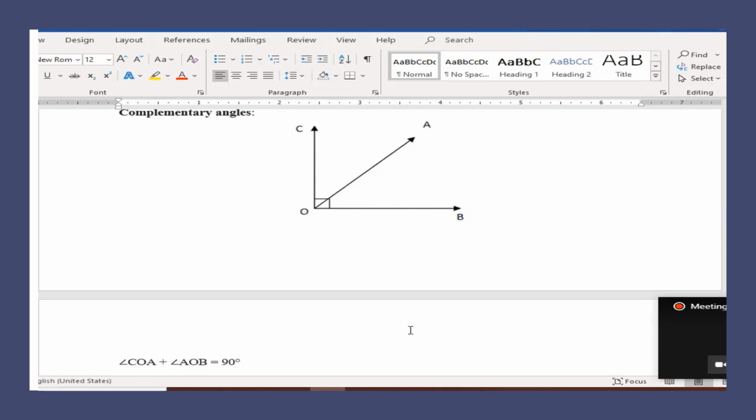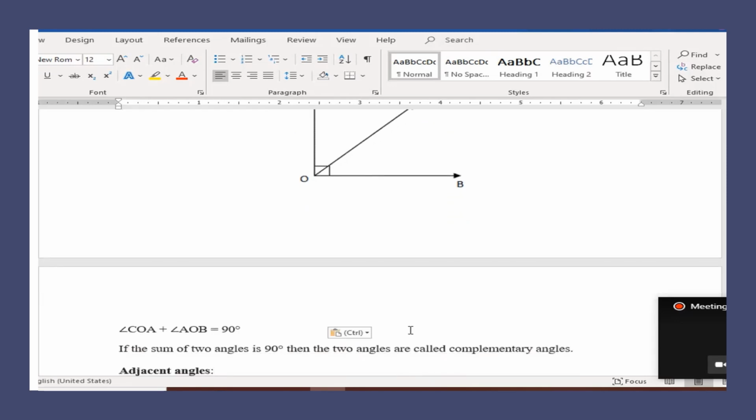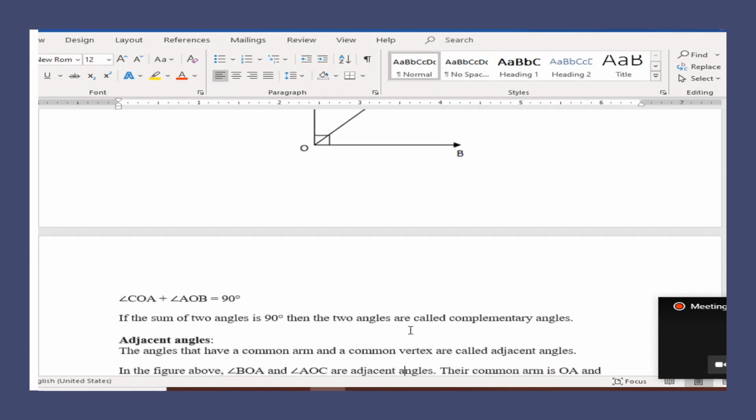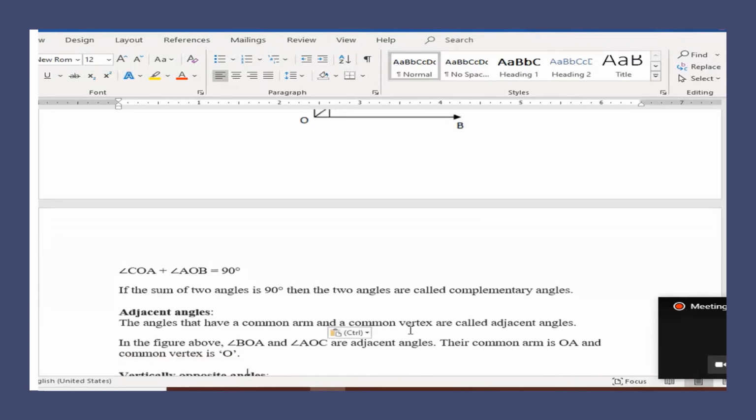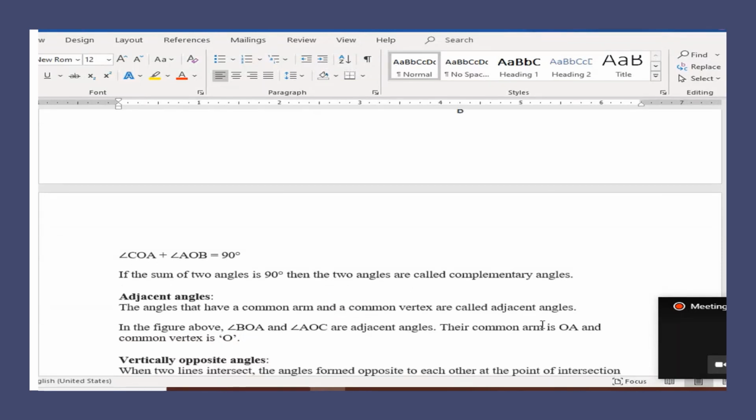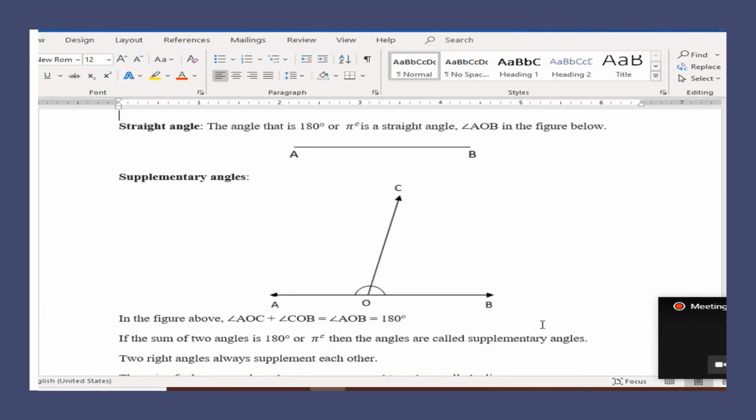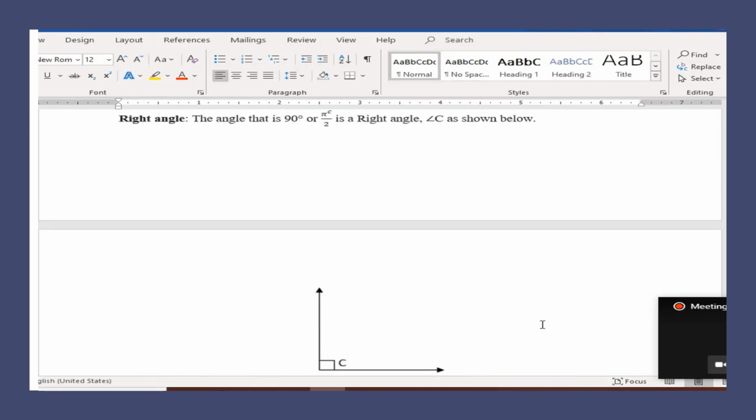Okay. Then we have complementary angles. It says angle COA and angle AOB equals 90 degrees. If the sum of the two angles is 90 degrees or pi over 2 radian, let me just put that there because we need to have it in radian.